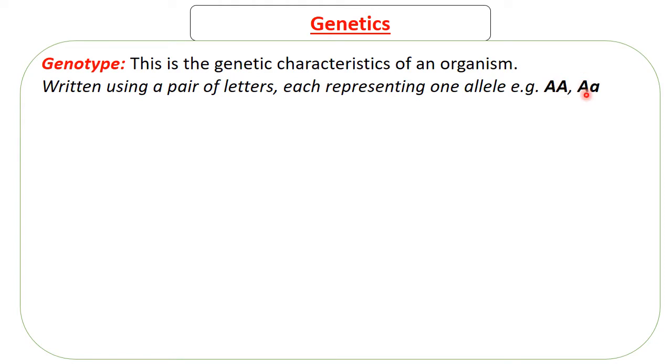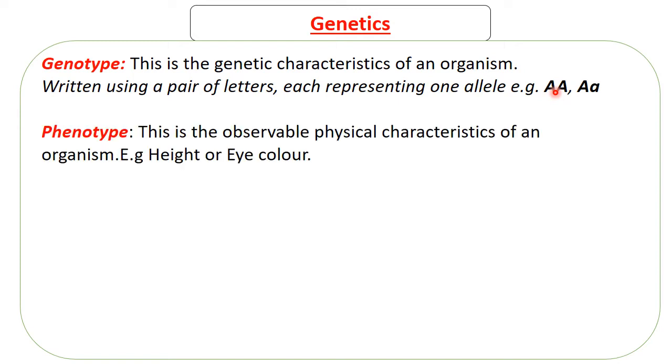If we have two capital letters, with capital A for tallness, then this organism is purely tall. It has no shortness in it. But this other organism has tallness and shortness. It can be tall, but there is some shortness in it. So in our studies of genetics, we're going to be using letters to represent alleles.